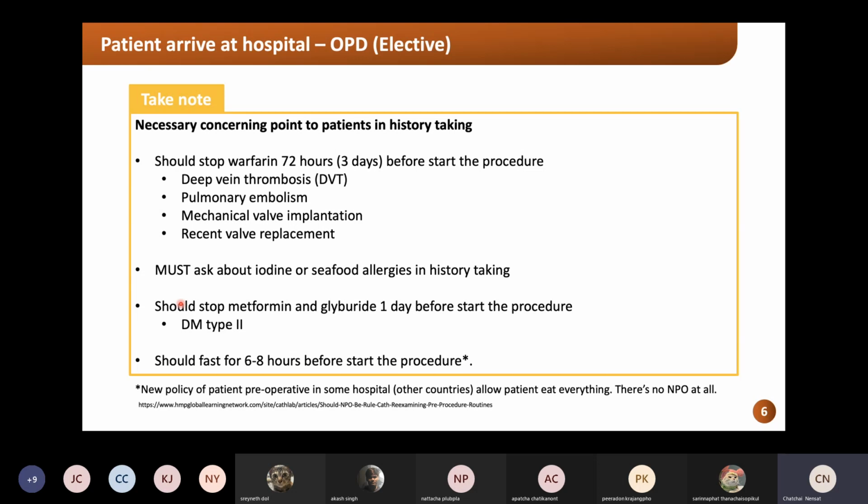Anyway, it's the traditional guideline that the patient needs to fast before the procedure, because sometimes the patient's stomach is full of food.